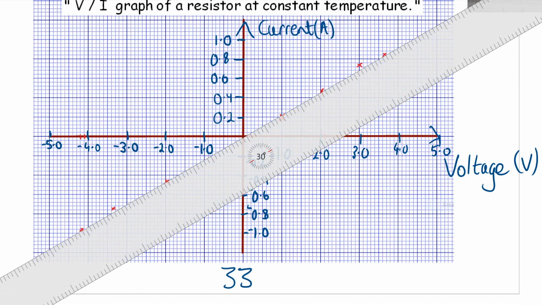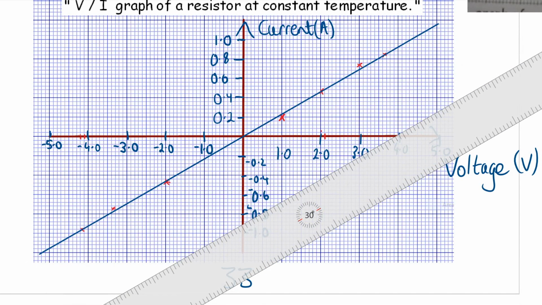So let's have a look at this. The good thing about a pencil, of course, is if you drew that, took the ruler away, thought, okay, I don't like that, you can always rub it out and do it again.